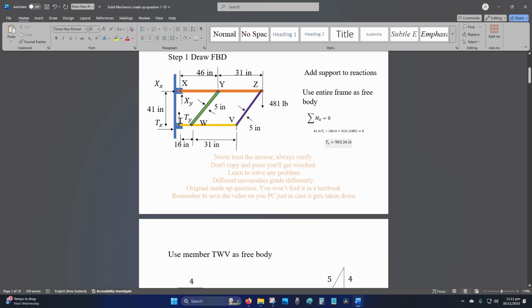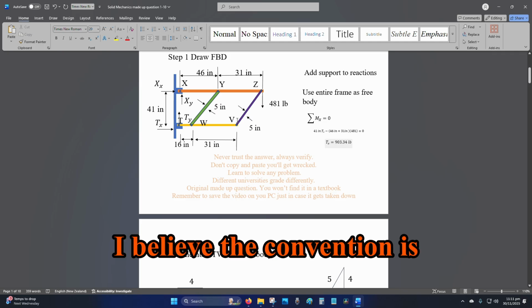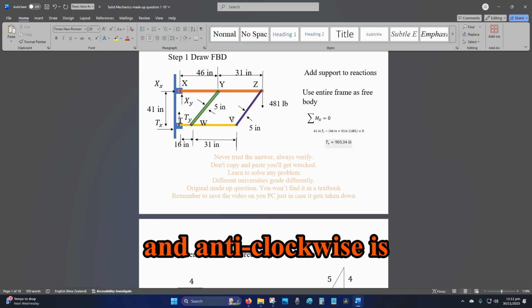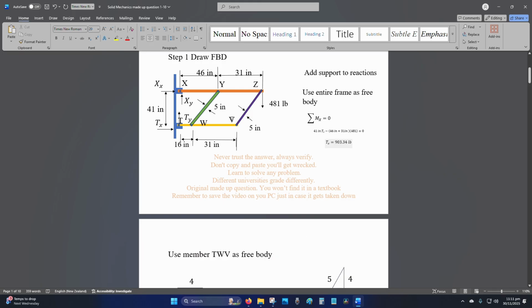So I believe the convention is clockwise is negative and anti-clockwise is positive.